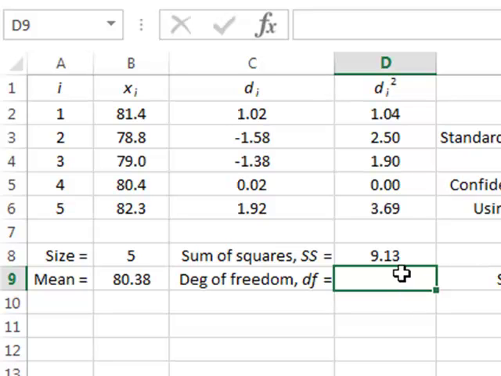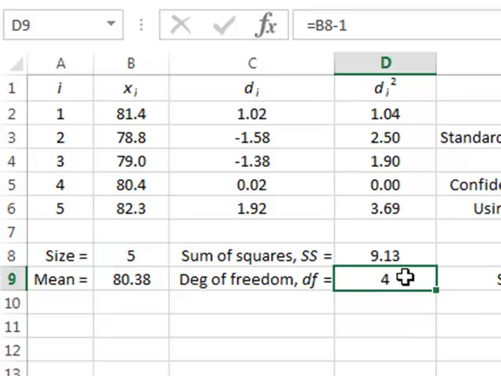An important point to raise at this stage is something called the degrees of freedom, which is the amount of information left to perform the calculations. And in this analysis we started with 5 pieces of information, the 5 data values. We then calculated a mean value, so that took away 1 piece of information. So the number of degrees of information left to calculate the spread of values will be equal to the original number of pieces of information, which is 5, the data size, but minus 1.